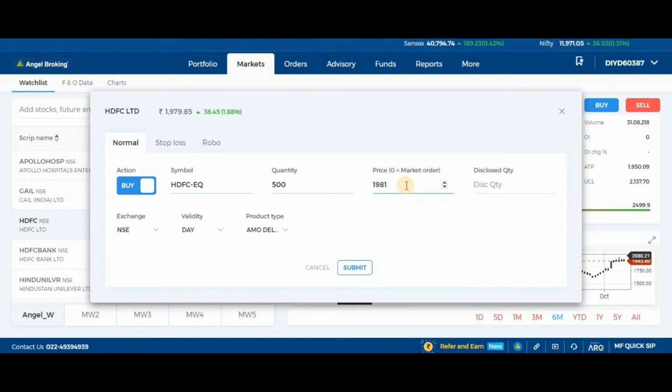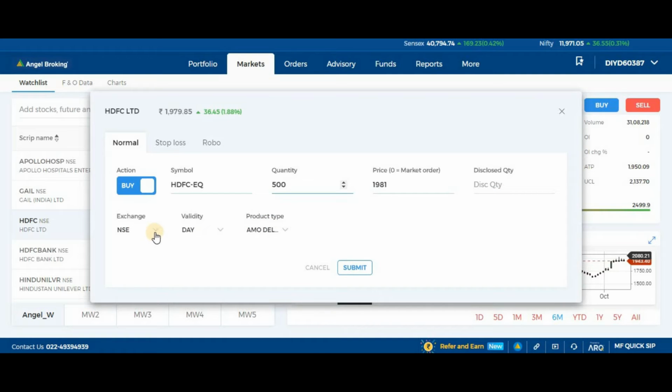You can disclose the quantity if you're buying really big quantities. Some people don't disclose their quantities to hide their portfolio, because they don't want to show it in the volume chart. But it doesn't matter to retail traders because they don't buy such big quantities, so they don't need to hide that. Next is the exchange.